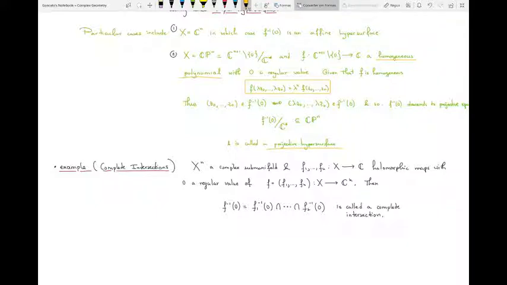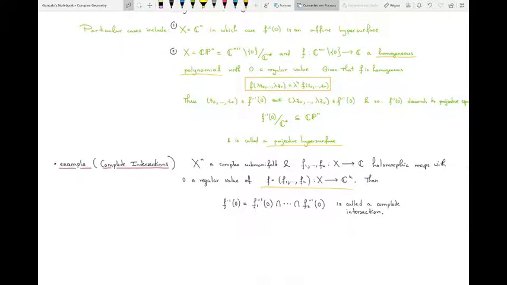But in general, if you have a complex manifold, and if you have k functions from X to C that are holomorphic, with 0 as a regular value of the function to C^k that is given by combining all of them into one function, then the intersection of the zero loci is called a complete intersection. So in general, locally, everything will be a complete intersection, but globally need not be. And complete intersections are global complete intersections.